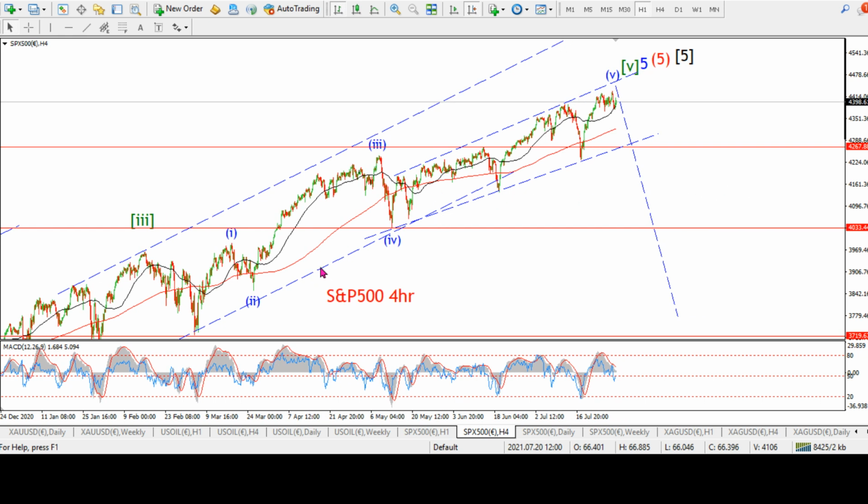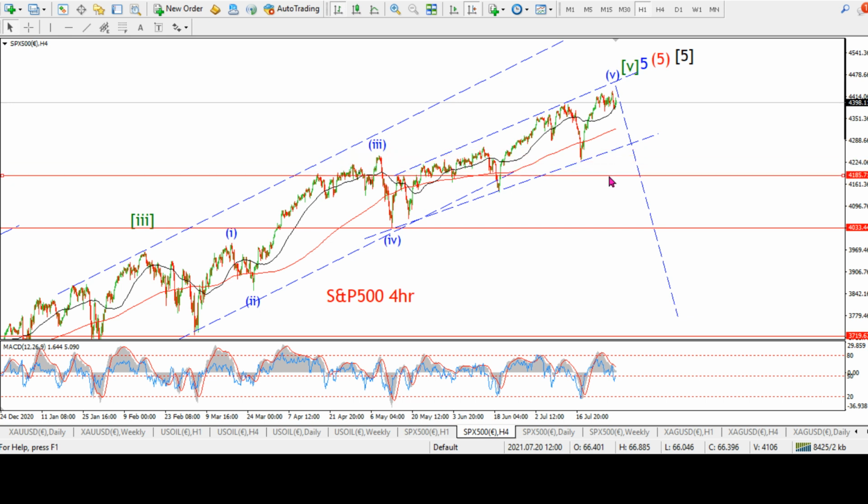Possibility of a wedge here, although this could still be an expanding wedge, but it could still be a normal 5-wave pattern. I haven't really gone against that idea. You can call that a struggle between the two.